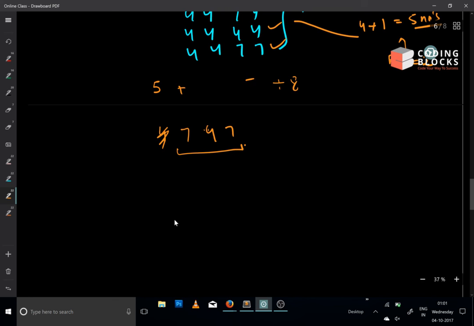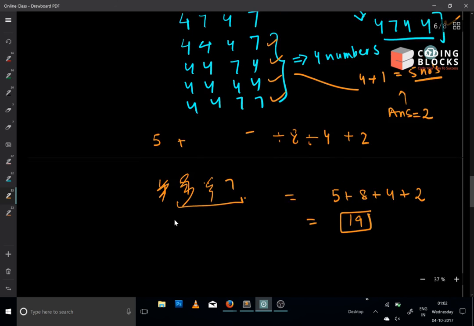If I talk about 2-digit numbers, they will be 4. If I talk about 1-digit numbers, they will be 2. So the final answer is going to be 5 plus 8 plus 4 plus 2. So this comes out to be 6, 14 and 19. So this is the 19th lucky number we have.